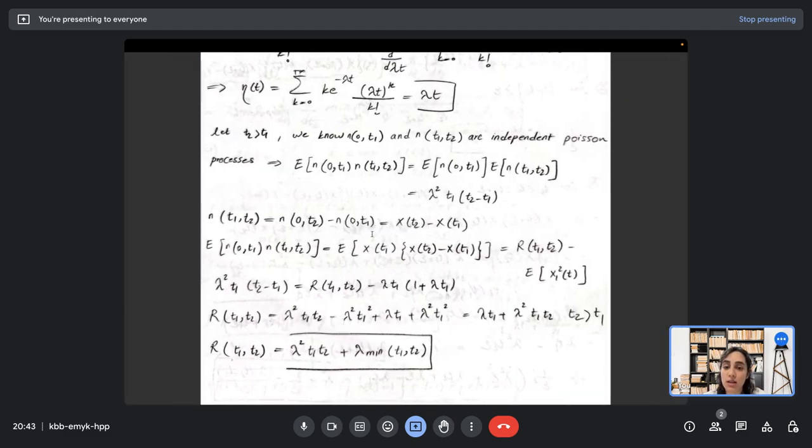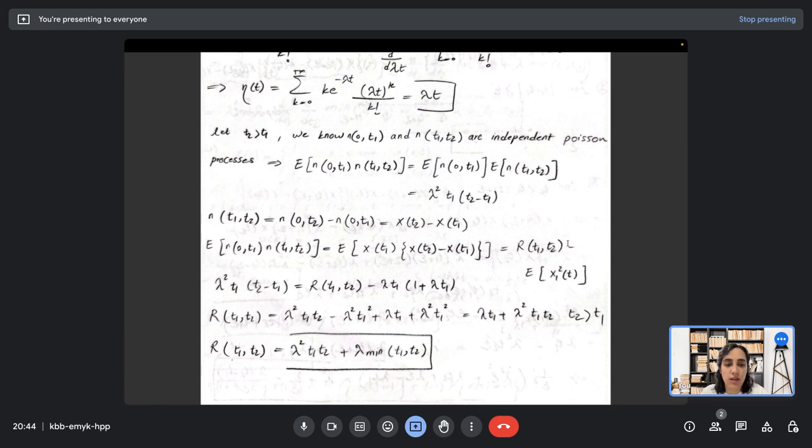So now we can write the expected value of n of 0 to t1 times n of t1 to t2 as equal to the expected value of x of t1 times x of t2 minus x of t1. If we do the multiplication inside the expectation operator, we get r of t1 and t2 minus the expected value of x of t1 to the power of 2.